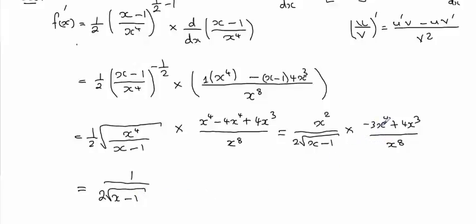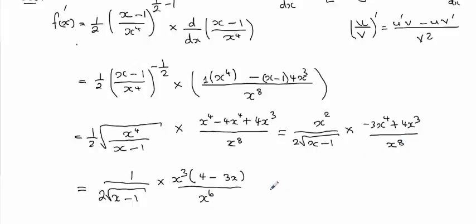And again, in the numerator here, we've got a common factor, which is x to the power 3. Then multiplied by x to the power 3, brackets, 4 minus 3x, all over x to the power 6. Remember, we got 6 after we simplify that.